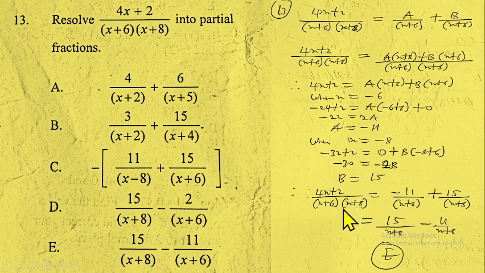So therefore the fraction becomes (4s plus 2) over (s plus 6)(s plus 8) equals our a, which is minus 11, over s plus 6, plus 15 over s plus 8, where our b is 15. Then you can rearrange that to give us 15 over s plus 8 minus 11 over s plus 6. So if you look at the options provided, option E is the correct option.